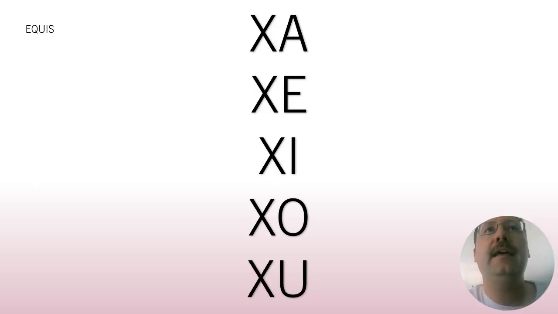X. X is pronounced x, like xa, xe, xi, xo, xu. Very few, what do you call them, exceptions. Mexico is one of very few exceptions, but normally it's xa, xe, xi, xo, and xu.